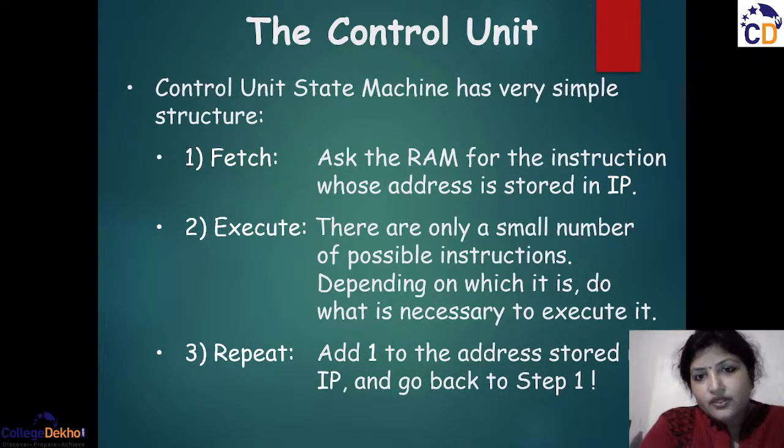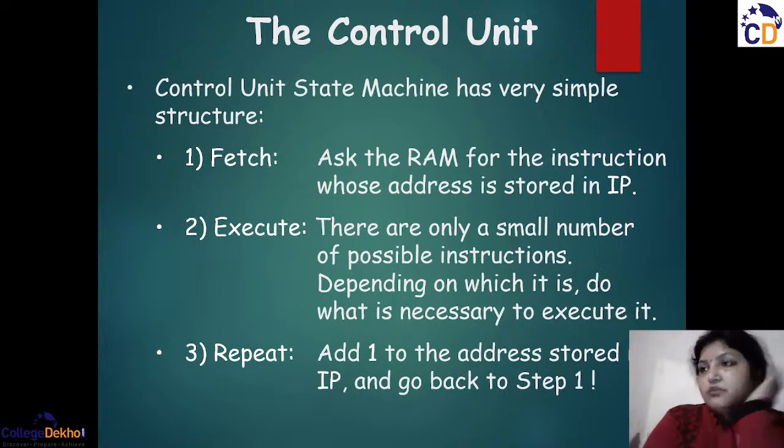So control unit is a very simple state machine which performs various functions, like fetching the data or loading the data or adding the data, or if any interrupt occurs, then also it is handled by this only, that is control unit, right?